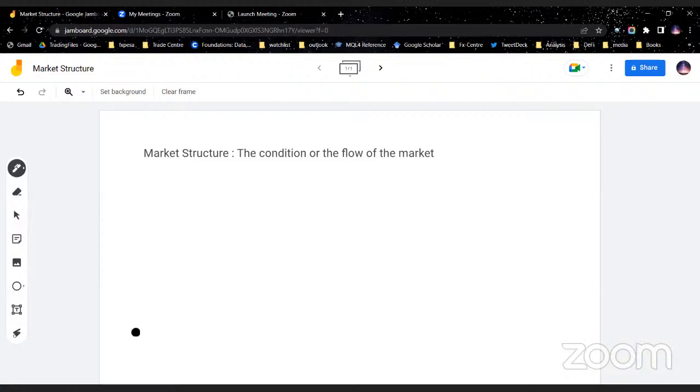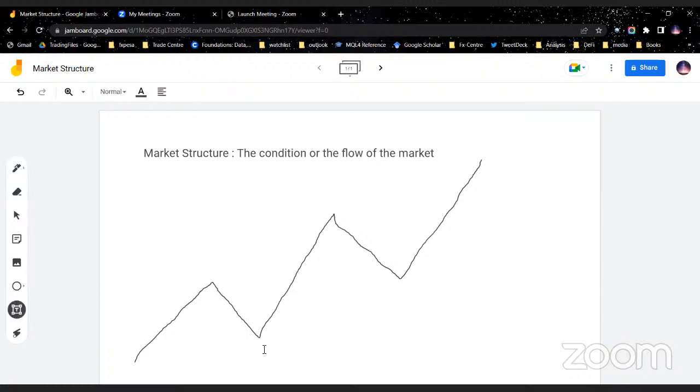So imagine the market is going upwards or is flowing upwards. It will probably look something like this. So in this case, market structure can be defined, and this is an uptrend, as a series of, this is a higher low. So let me call this a low.